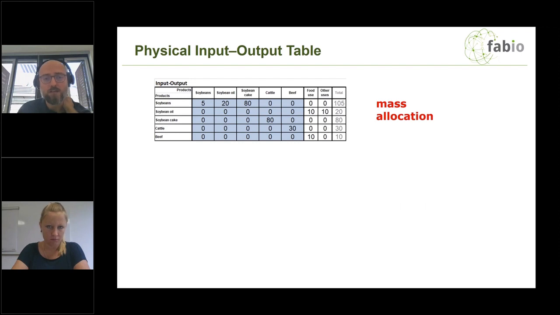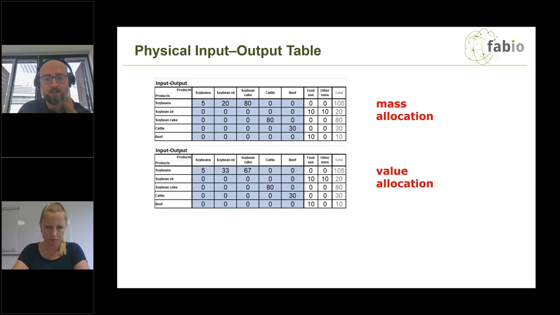FABIO also provides input-output tables based on value allocation, which is shown now below. So here you see that the split of soybeans between soybean oil and cake now is not 20 to 80, but 33 to 67.